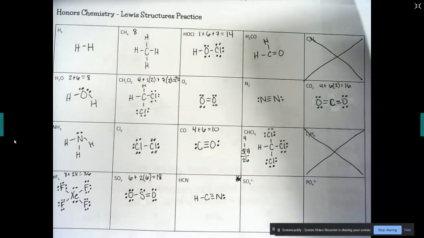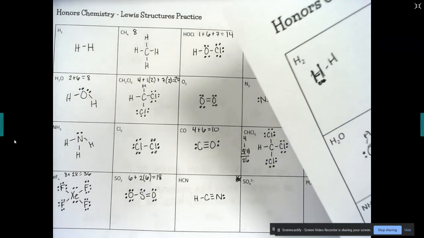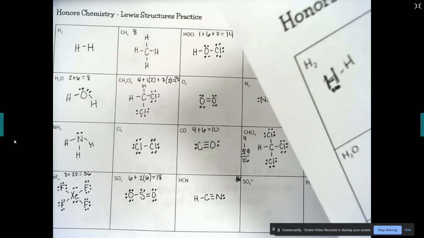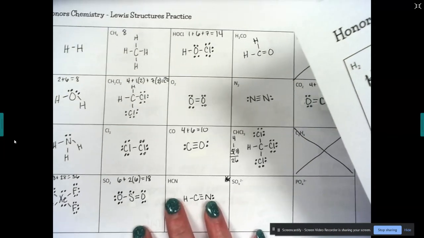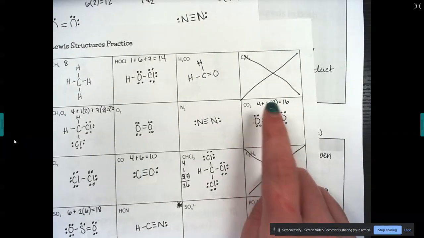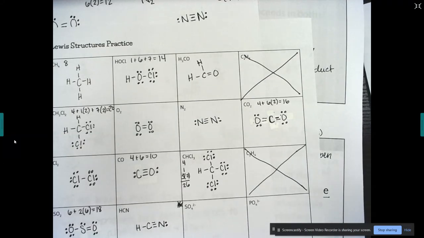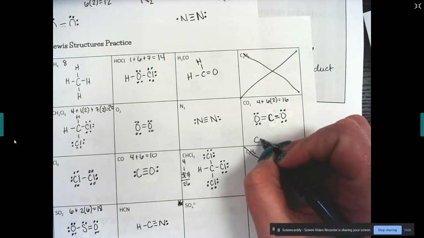Okay, but I don't understand. So, what is the middle? Like, this is carbon and that's 4. So does it start with 4? The 4 is just how many valence electrons it's contributing. But before you double bond and everything, you have to make it have 8.